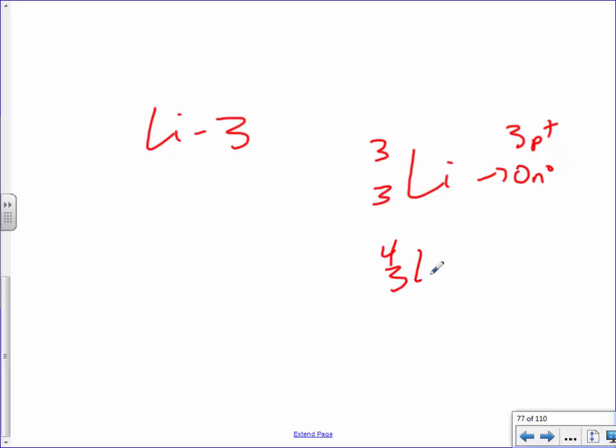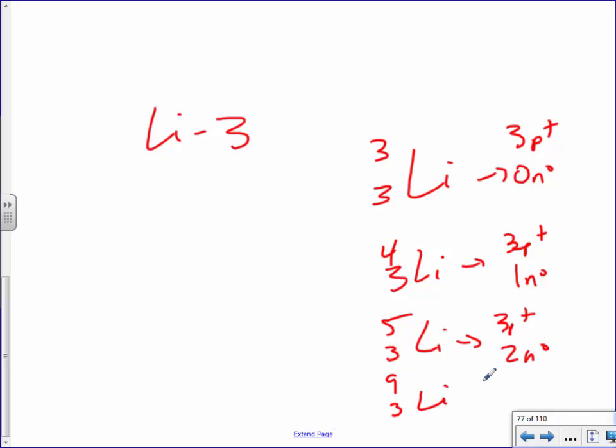What if I made it a 4 over 3 lithium? It still has to have 3 protons, but now it has 1 neutron. Or maybe there's some lithiums that weigh 5: 3 protons and 2 neutrons. And maybe even some lithiums that weigh 9, which would be 3 protons and 6 neutrons.